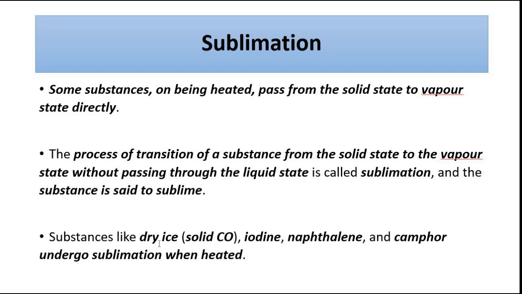Examples of such substances are dry ice, which is solid carbon dioxide, iodine, naphthalene, camphor. These are some of the substances which undergo sublimation when heated. In the sublimation process, the solid and vapor states simultaneously coexist in thermal equilibrium with each other.